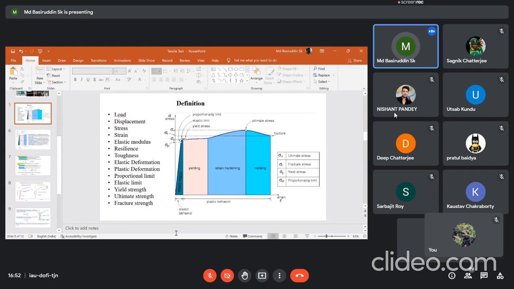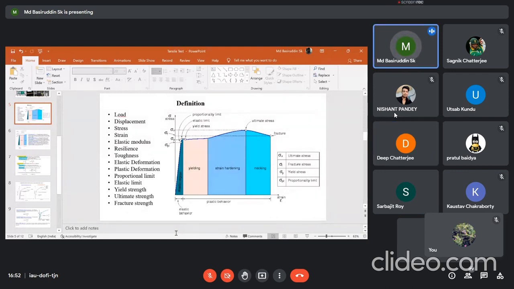But what about the true stress? How can we correlate with that? How can we get the true stress at the ultimate tensile stress position? There is a formula: engineering stress into 1 plus the strain value.